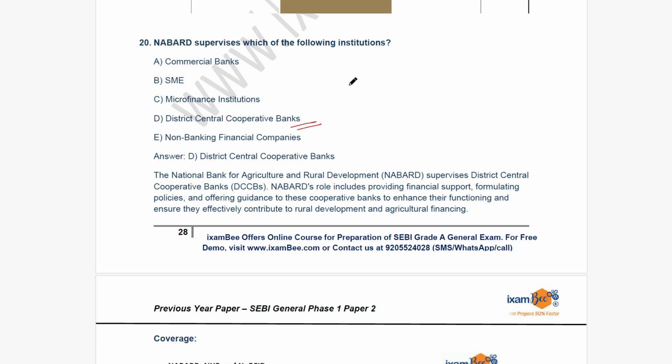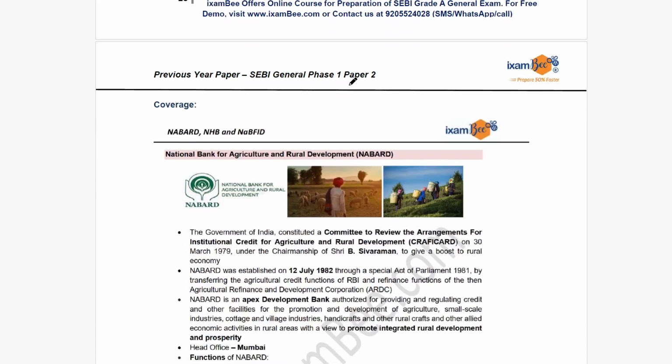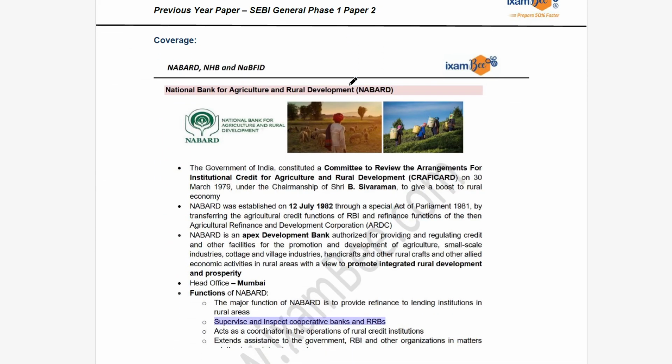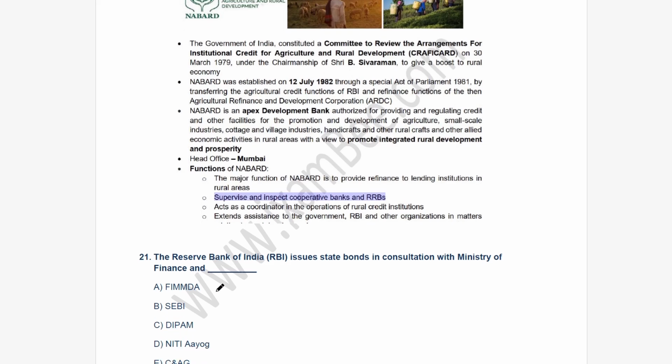They are supervised in addition to regional rural banks, right? If you have understood NABARD well, this question was something you could easily do. So they have supervisory roles, not regulatory roles. The regulatory role remains with RBI. Supervisory roles are with NABARD for cooperative banks, except for urban cooperative banks, which have been directly brought under RBI, and regional rural banks.